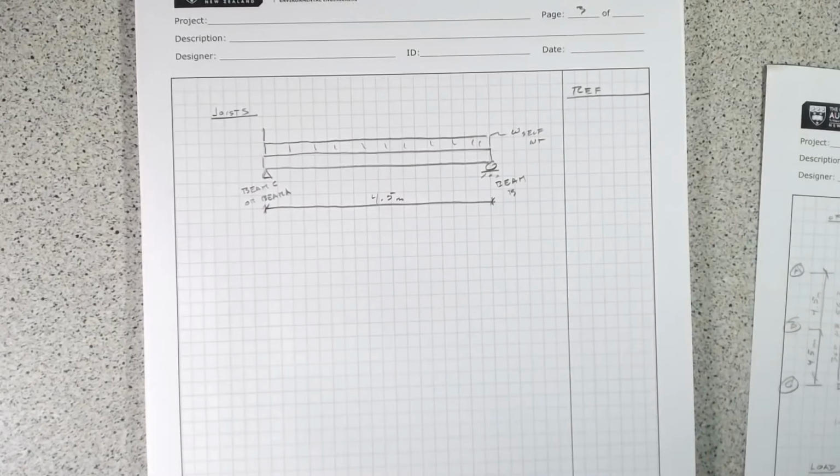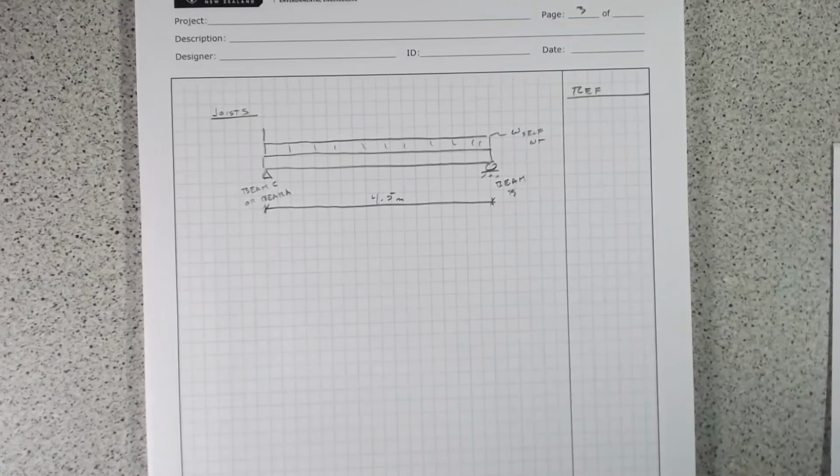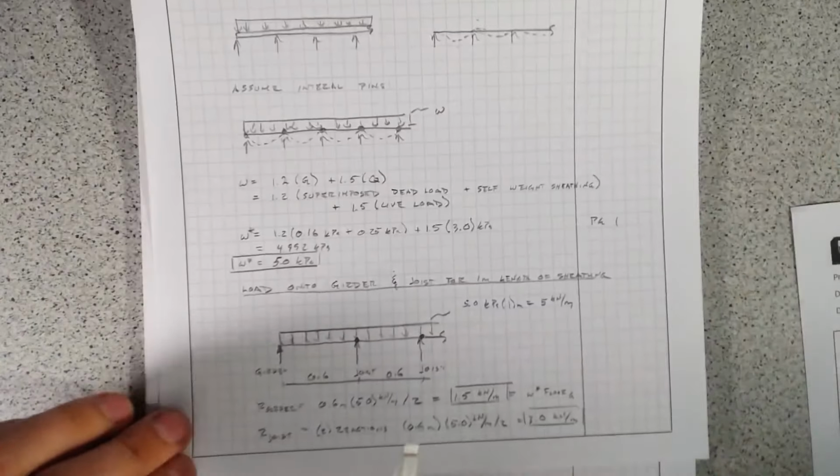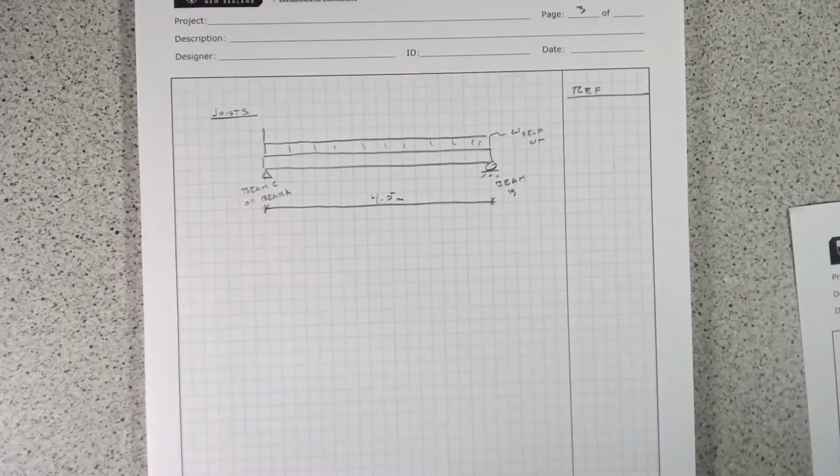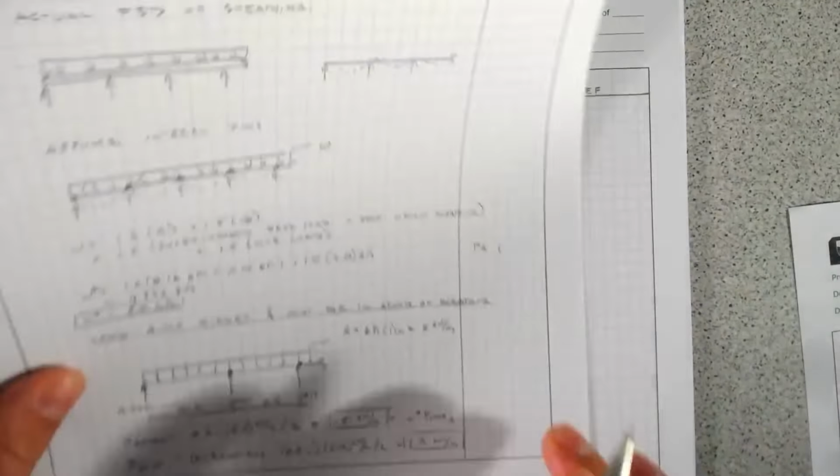And then, as we just worked out from our last page of calculations, we're going to have 3 kilonewtons per meter coming in from the sheathing. And let's actually just give this a name.